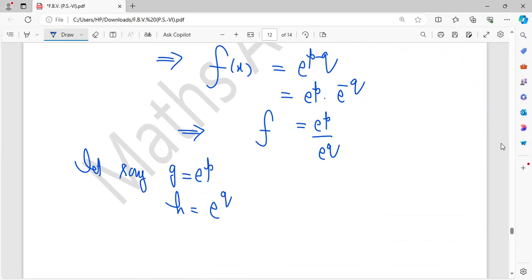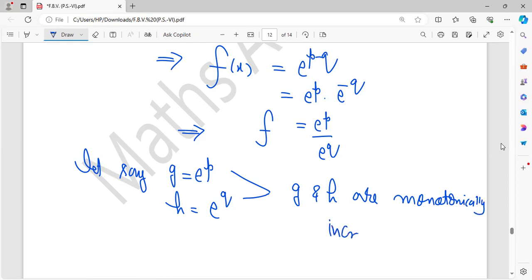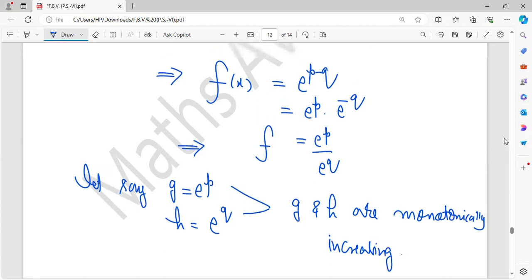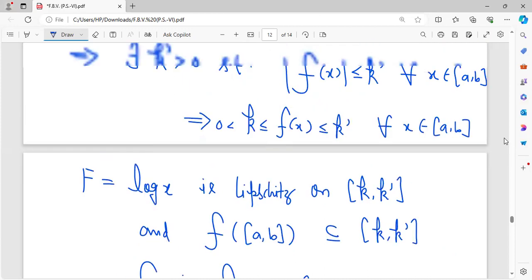P and Q are monotonically increasing, and exponential functions are monotonically increasing. So this implies g and h are monotonically increasing. Okay. So first option is correct.